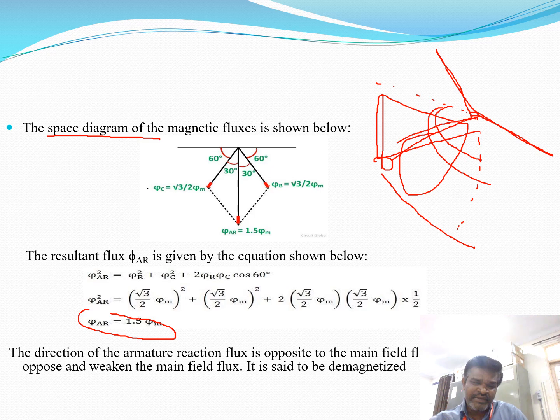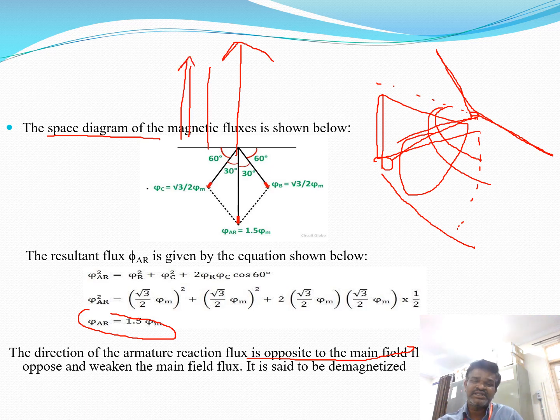The direction of the armature reaction flux is opposite to the main field flux. The main field flux, I consider EA in this direction. After considering the lagging power factor effect, meaning my induced currents lag their respective phase voltages by 90 degrees, the resultant flux is downwards. The actual flux is upwards.